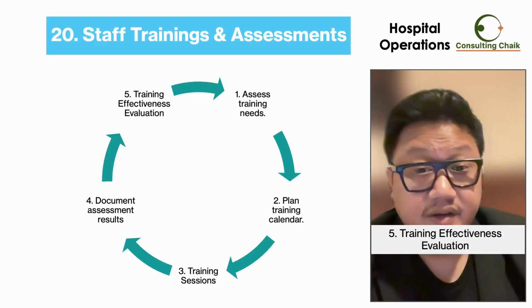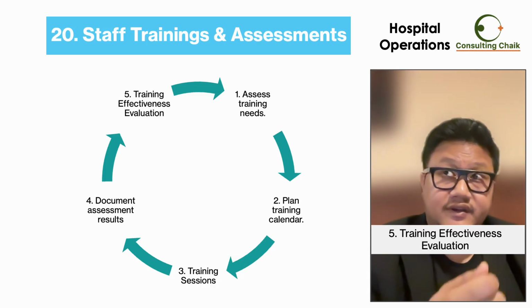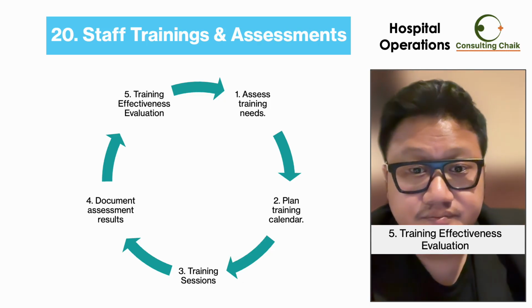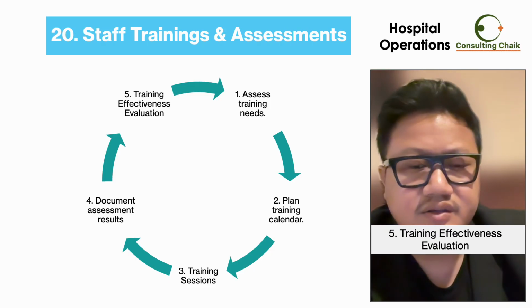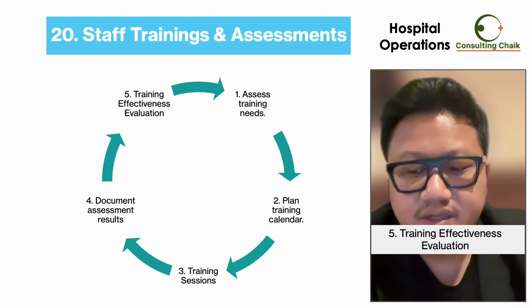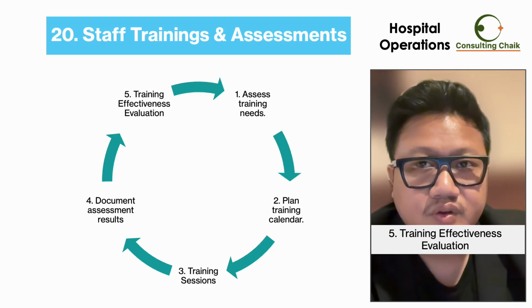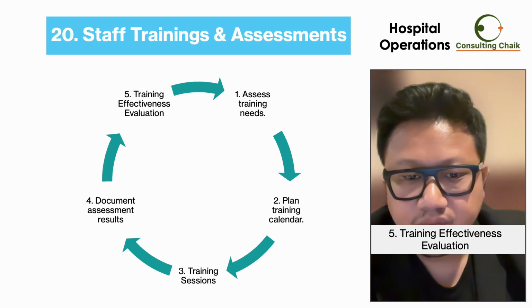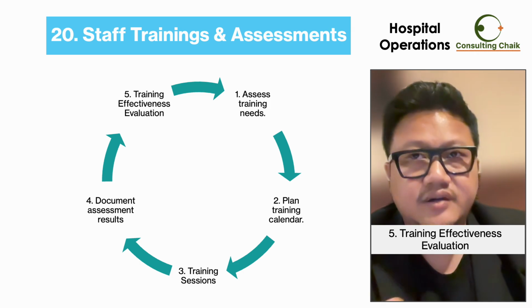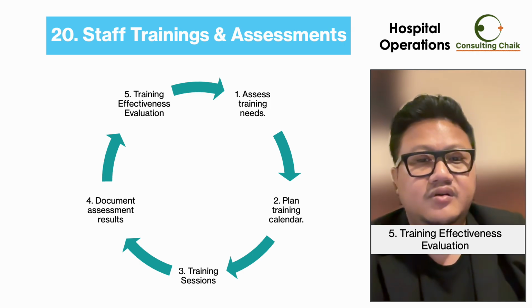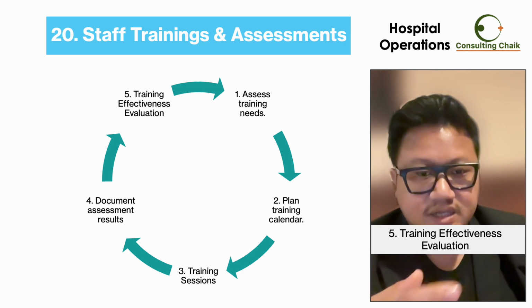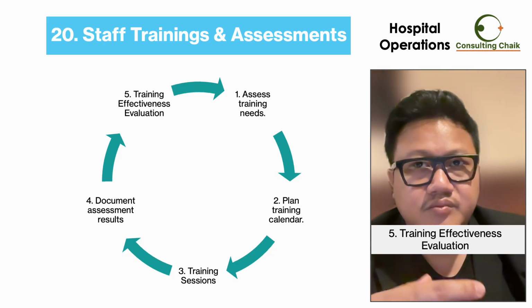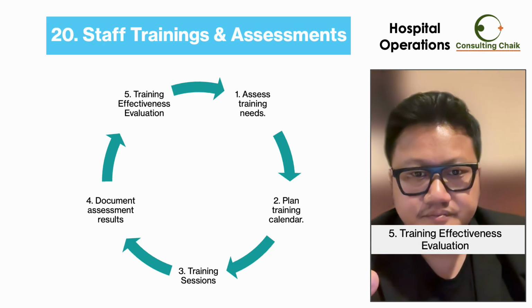Training effectiveness evaluation is where after 1 month, 1.5 months, you re-evaluate the people who had undergone training, to see how much they retain. Depending upon the geography, the hospital, and the staff, it varies how effectively they are able to retain.